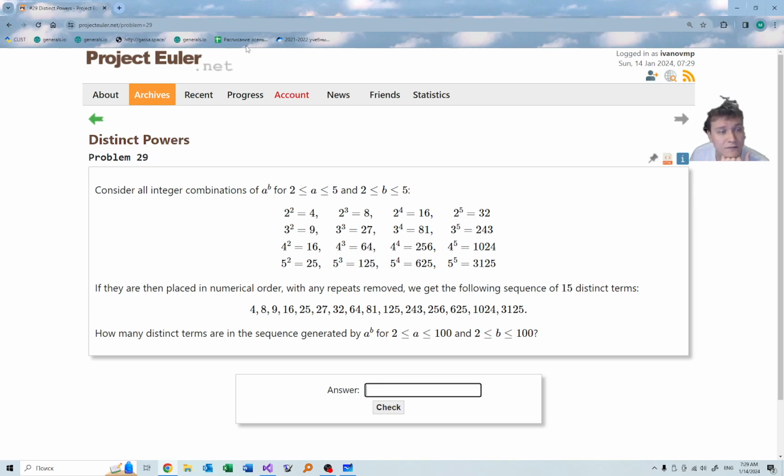Problem 29. Consider all integer combinations like this. They are then placed in numerical order. And we want to find how many distinct terms are there in the sequence generated as a to the power of b.